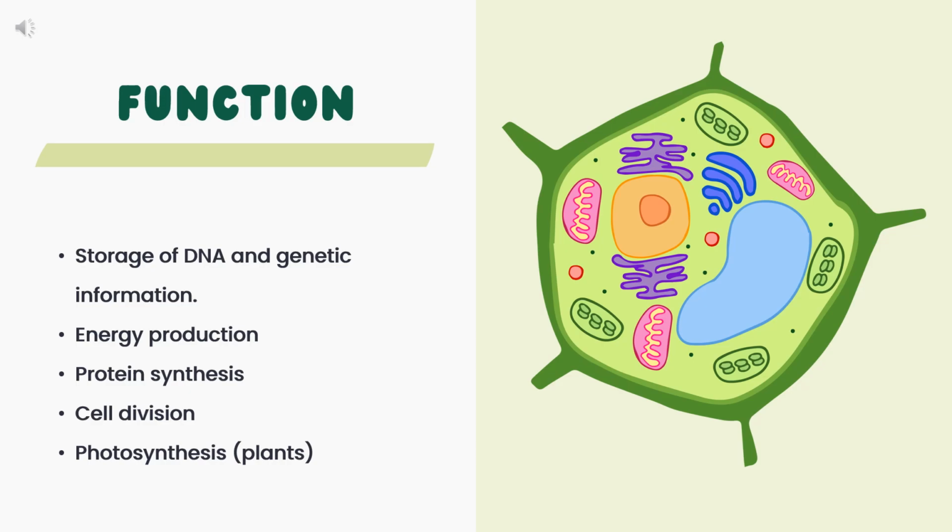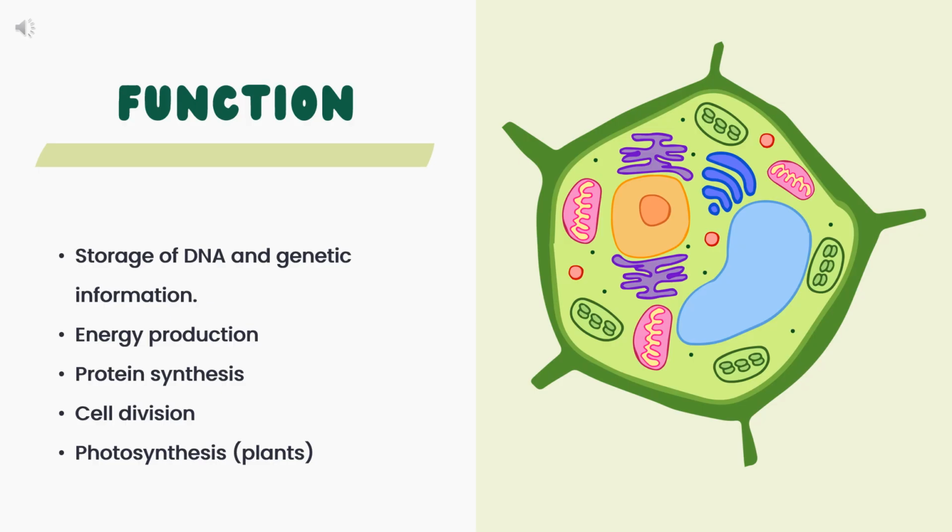Now, moving on to the function of the cell, as mentioned before, the organelles in the cell do have a lot of functions, and then they do lead to the main functions of the cell. So the eukaryotic cell is a main storage of DNA and genetic information. It also provides energy production for the body in the form of ATP through the mitochondria. Protein synthesis also occurs.